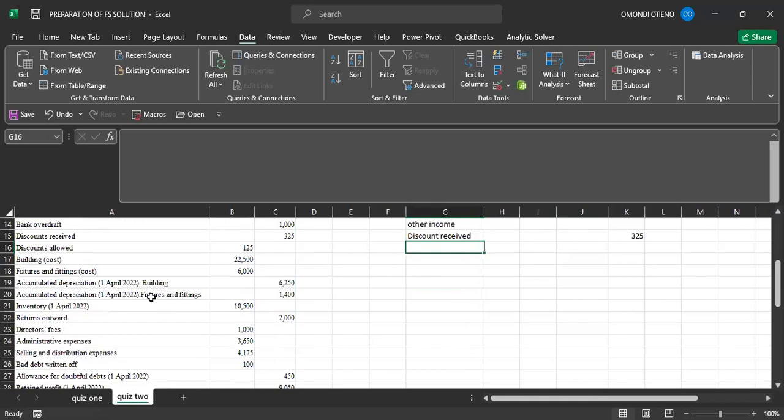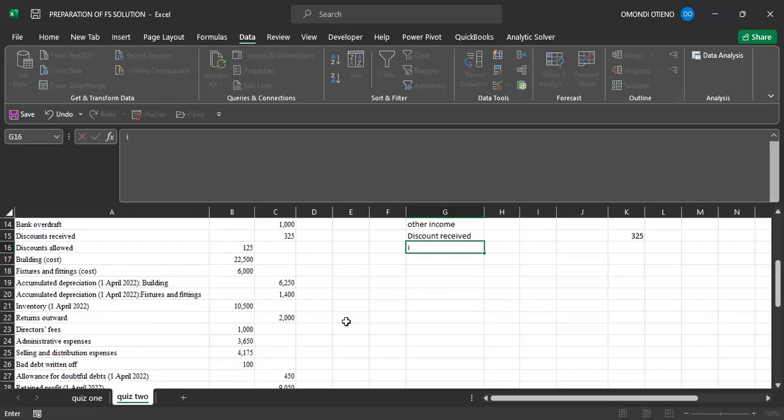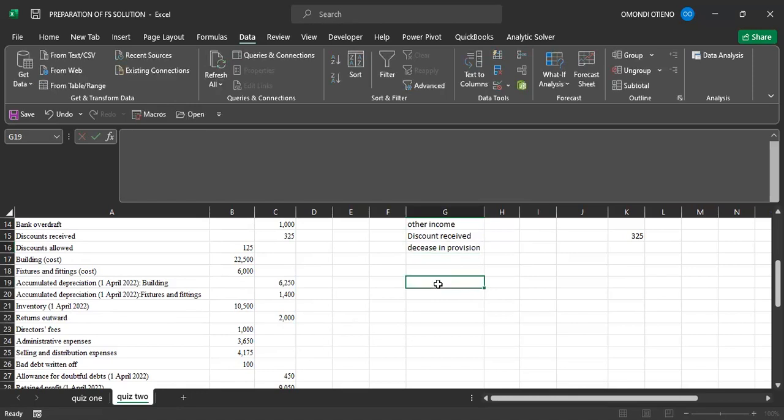Another thing that can bring in other income or expense is the provision for doubtful debts. So do we have a provision? If it is an increase in provision, I mean a decrease in provision, a decrease in provision will be an income, right?